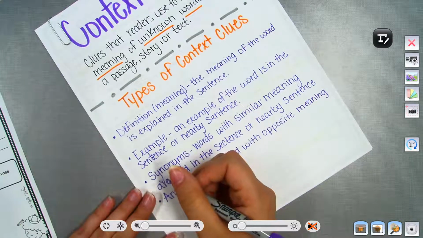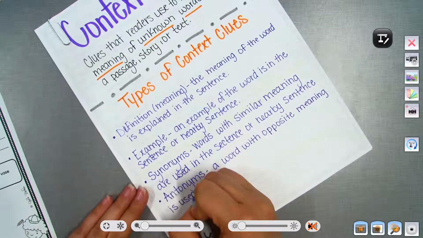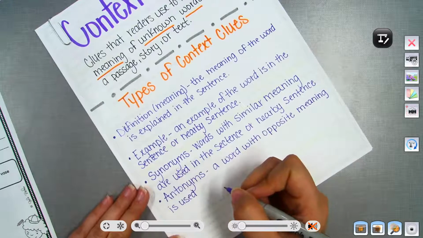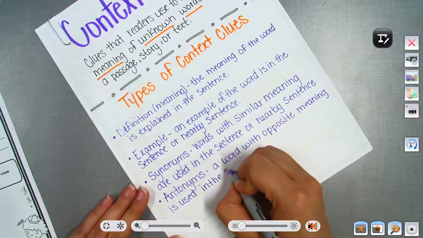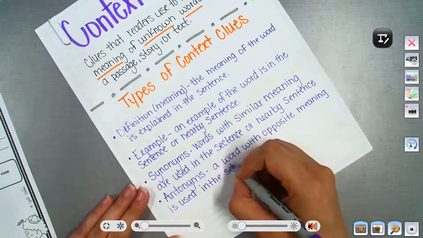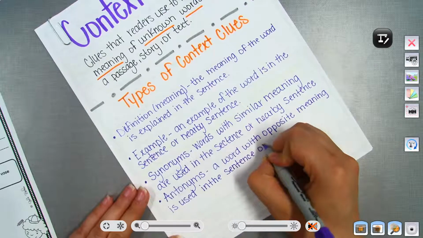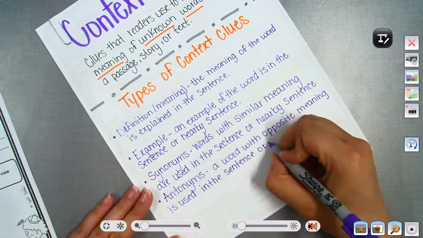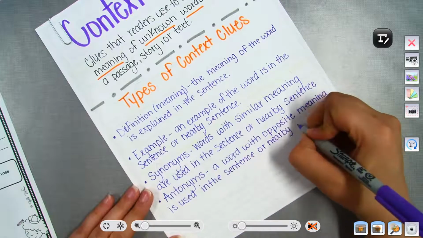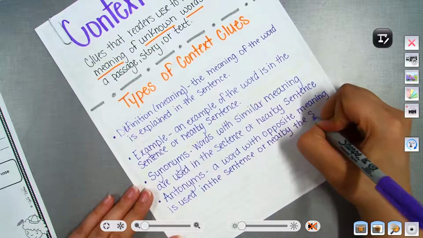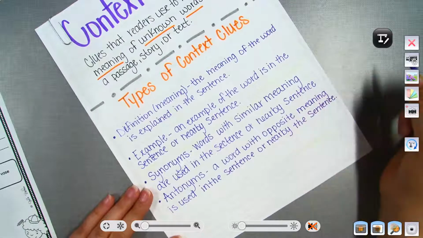A word with opposite meaning is used in the sentence, or, I just realized I spelled sentence wrong there, or nearby the sentence. Okay.